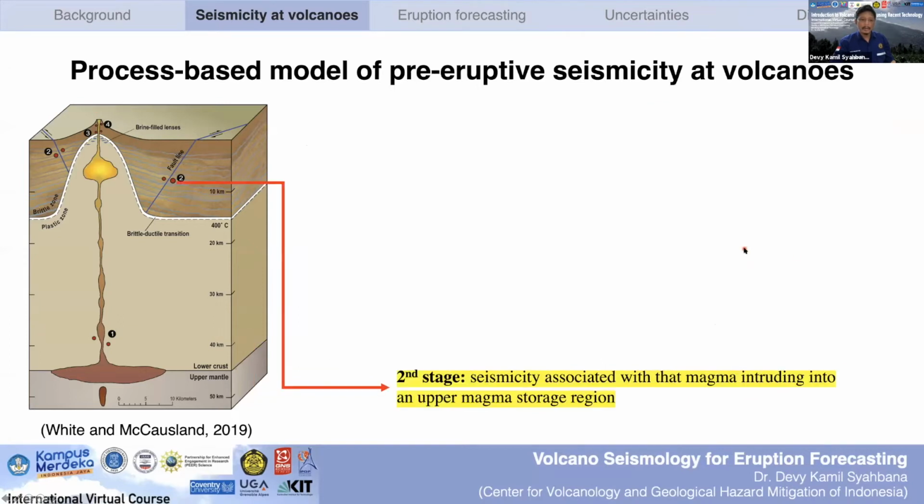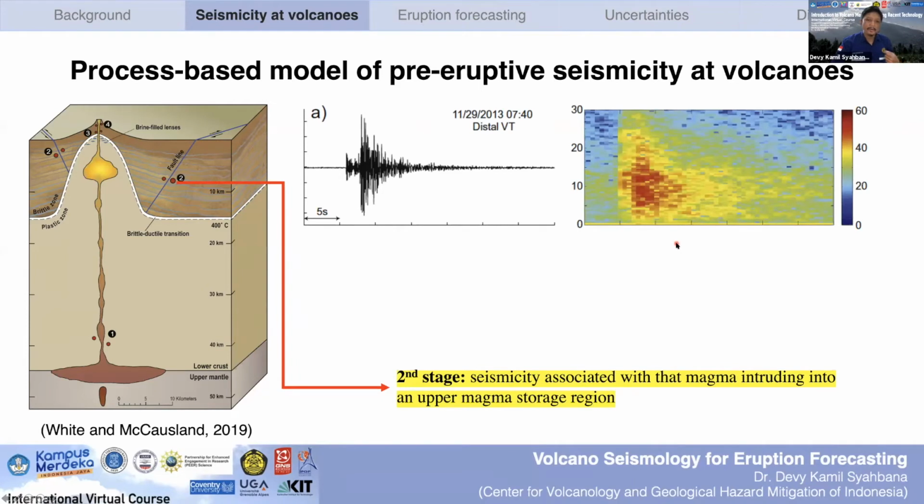Okay, now we move to the second stage. The second stage is the seismicity associated with the magma intruding into an upper magma storage region. At this stage, normally it is the earliest stage that we manage to record or detect. It is normally in the form of distal VT.